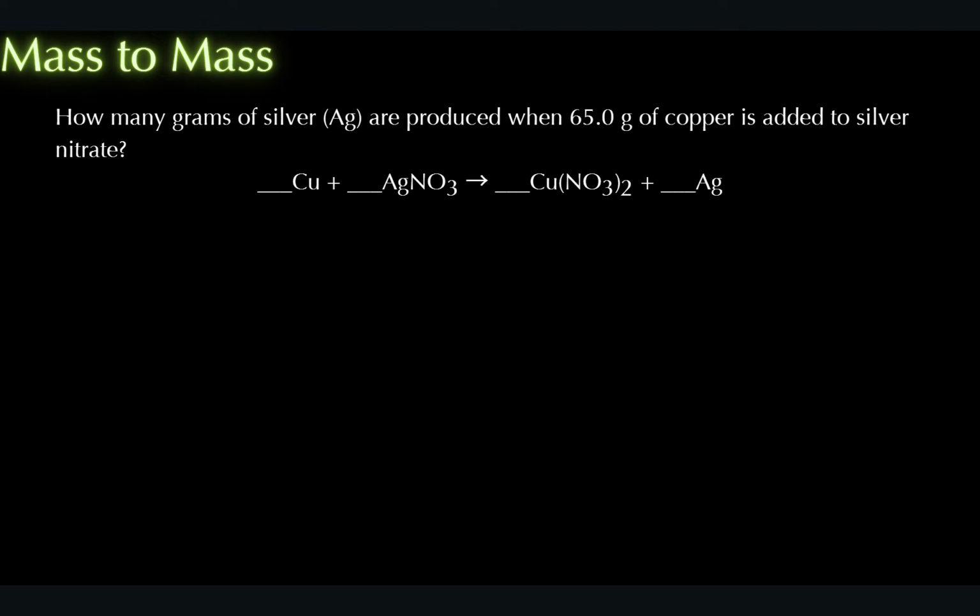We'll put a 2 right here, a 2 right here, and then everything else will be a 1. Our question: how many grams of silver are produced when 65.0 grams of copper is added to silver nitrate? We have 65.0 grams of copper that we're going to be starting with.